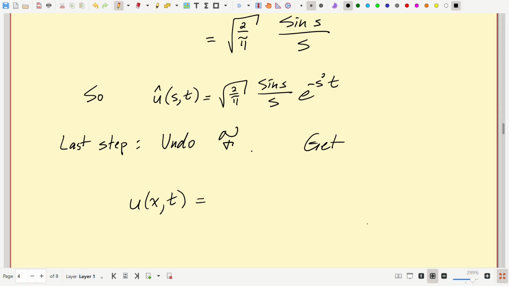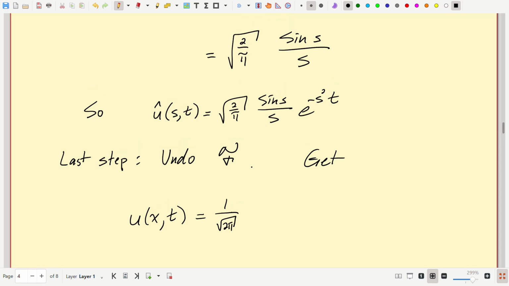And the inverse transform would be 1 over the square root of 2 pi, integrating as s goes from minus infinity to infinity of the square root of 2 over pi, sine s over s, which, by the way, is a perfectly nice function.